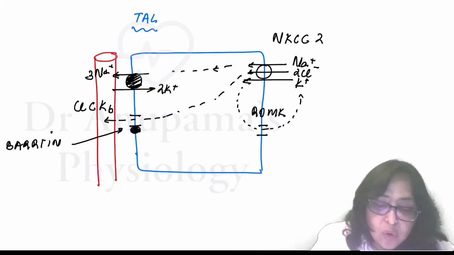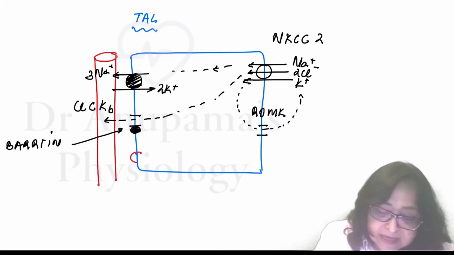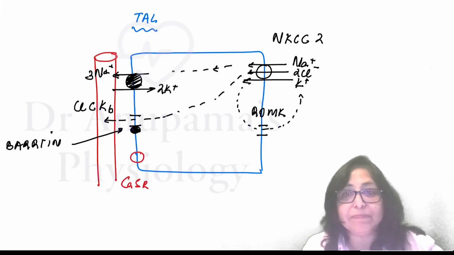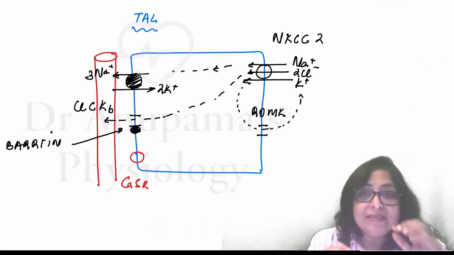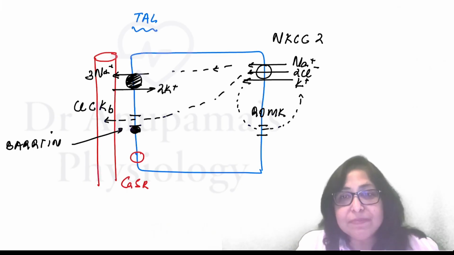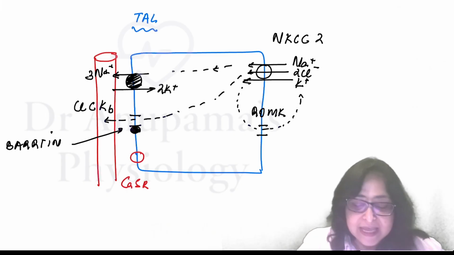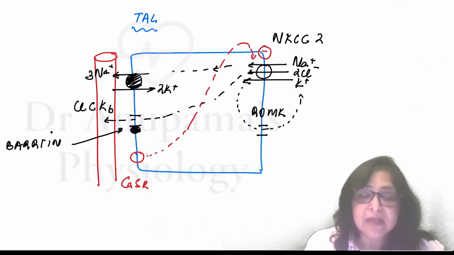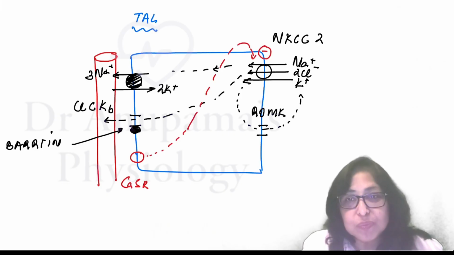Now, present on the basolateral membrane is a protein which is called CaSR, calcium sensing receptor protein. This senses the level of the plasma calcium and plasma magnesium, and this, in fact, has an inhibitory effect on the NKCC2.